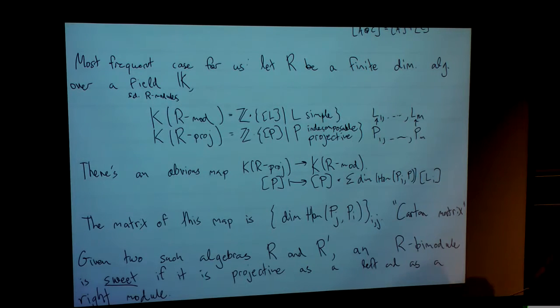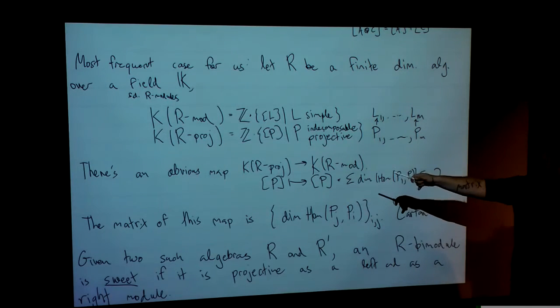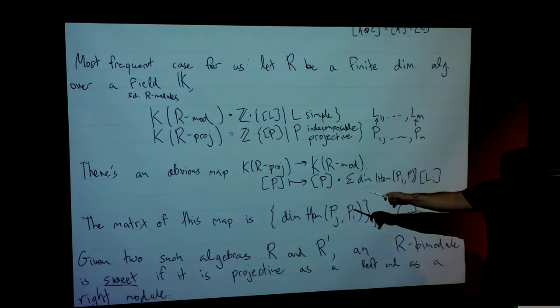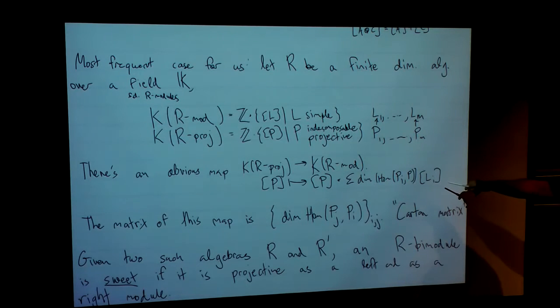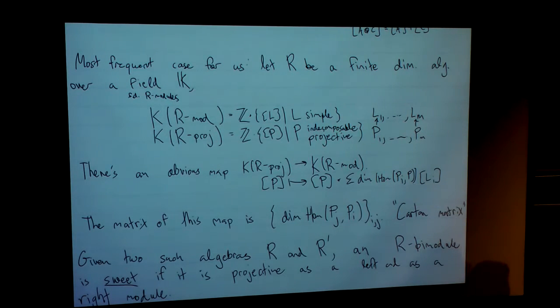There's an obvious map from the Grothendieck group of projectives to the Grothendieck group of all R modules. Just take a projective and think about it as a general R module. I rewrite this in terms of the simples. You can figure out how many times a simple shows up in the composition series by looking at the dimension of homs from the projective cover.